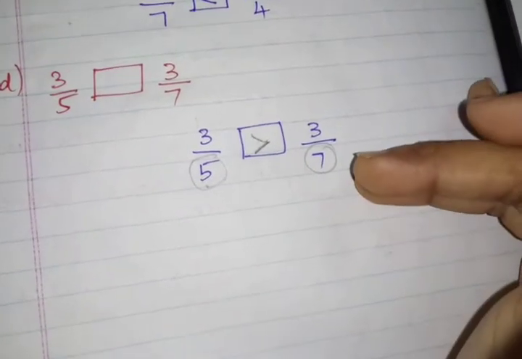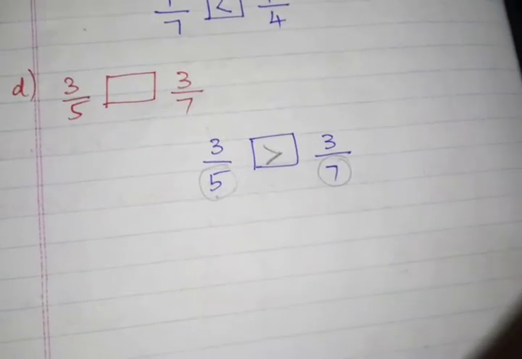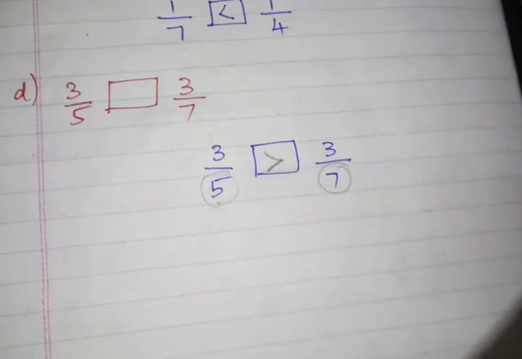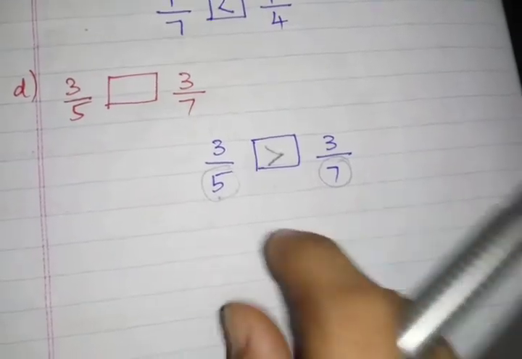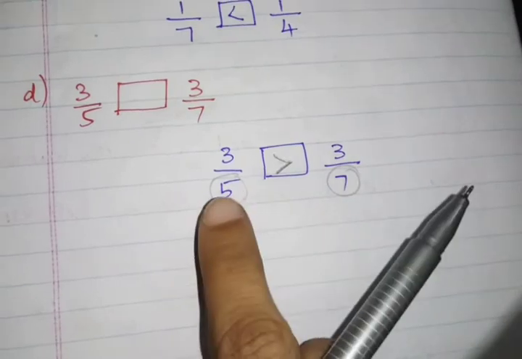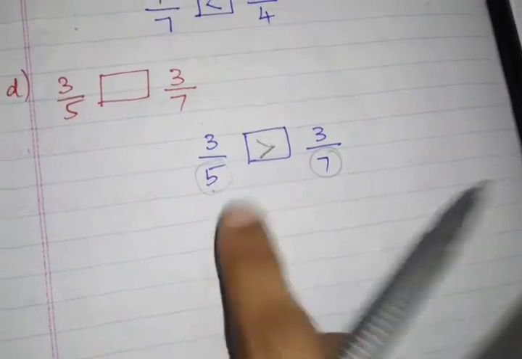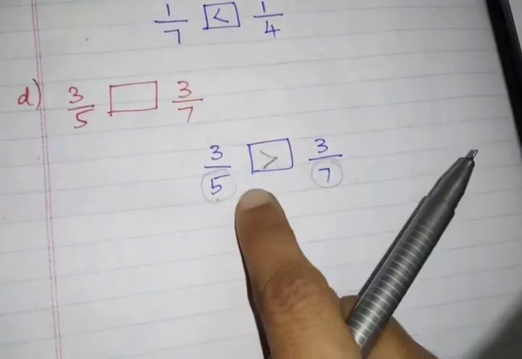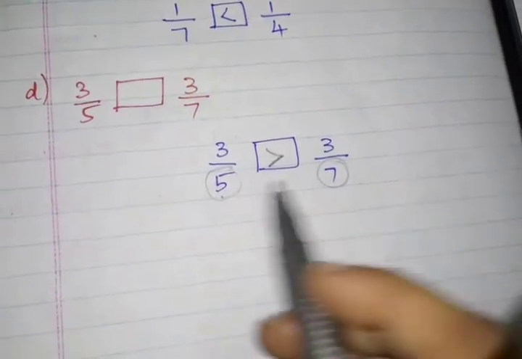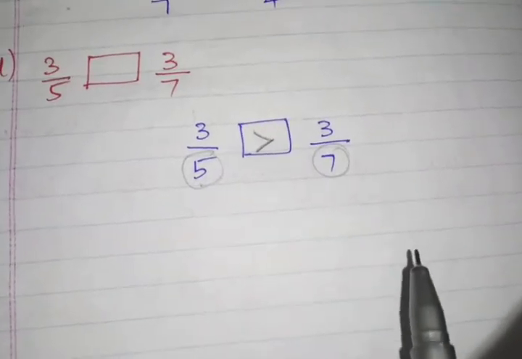We already discussed this concept in our theory part last session. When we have the same numerators, you compare the denominators, and the fraction with the smaller denominator is greater.